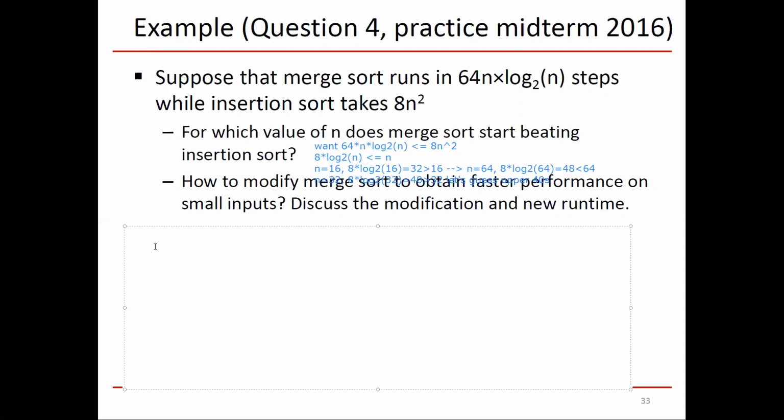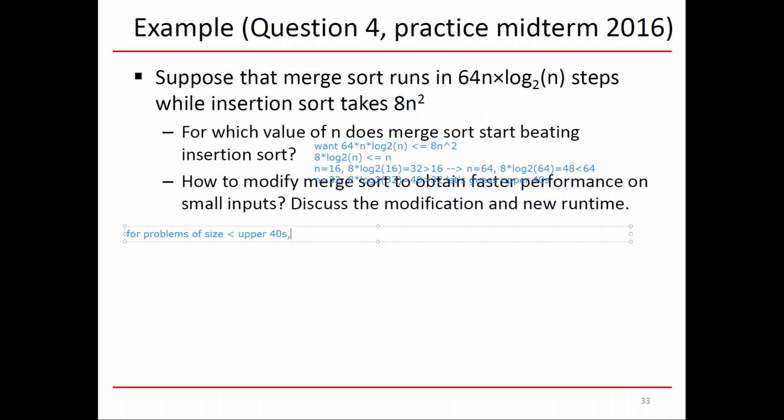So we know that for small inputs, insertion sort is faster. So let's use insertion sort for smaller problems. So let's say that for problems of size less than upper 40s, insertion sort is better. Let's just take an example.